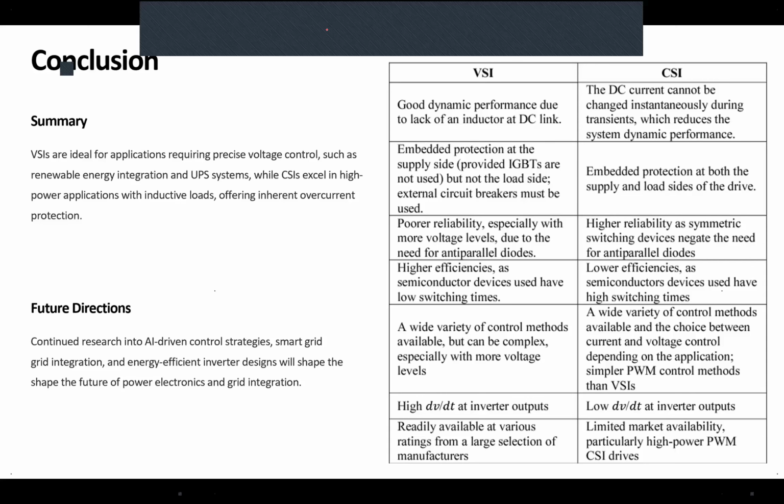Okay, and the protection at the supply side normally happens in the VSI, not at the load side.